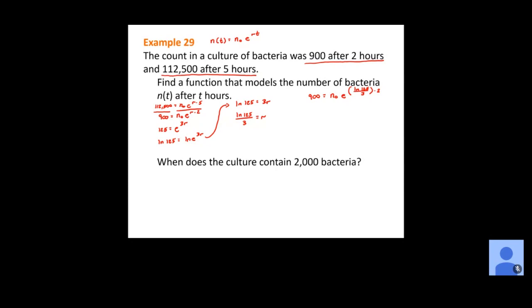And at that point, to get N sub 0 by itself, we can actually just divide by all of that stuff we have down there. So if you want to put it in the calculator and get a decimal and just keep as many decimal places as you can and then divide, that's fine. Or you can just put all of that right in the calculator as is. We're just dividing by e to the natural log of 125 over 3 times 2 on both sides.